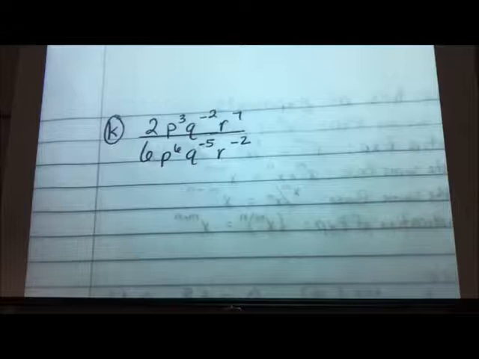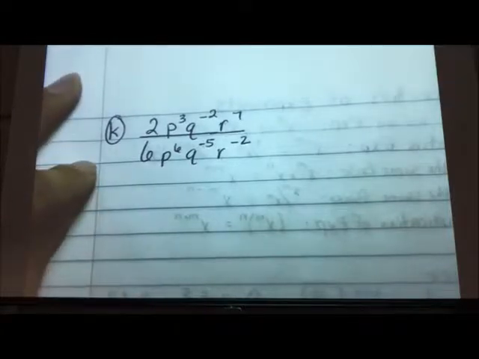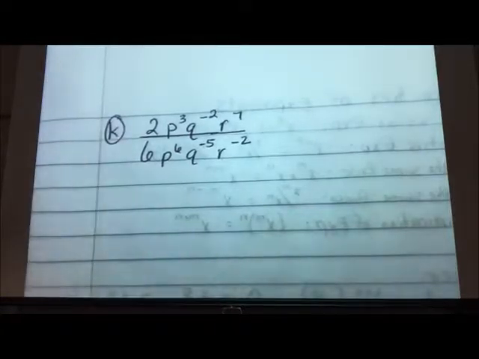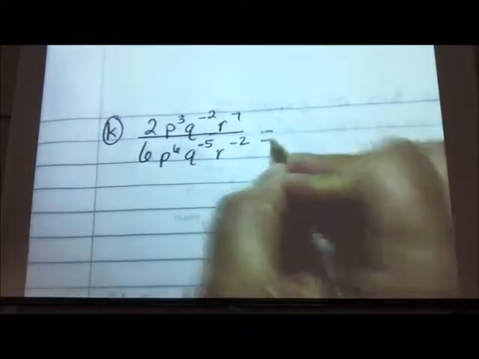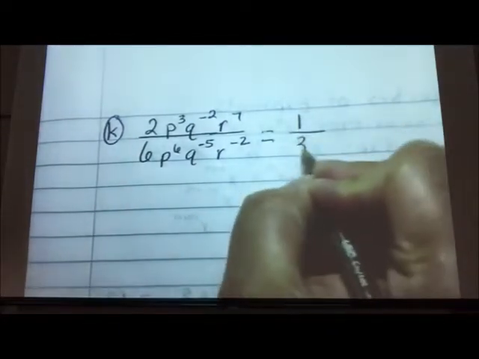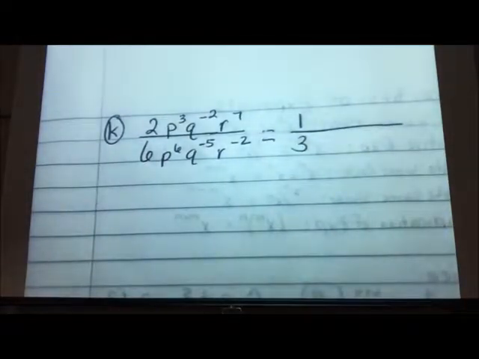Just like in multiplication, you multiply the big numbers, well, in division, we have to simplify 2 over 6. 2 over 6 reduces to 1/3. Now, everything we're going to write on top, and then later, if the final answer is negative, that's when we move it to the bottom.